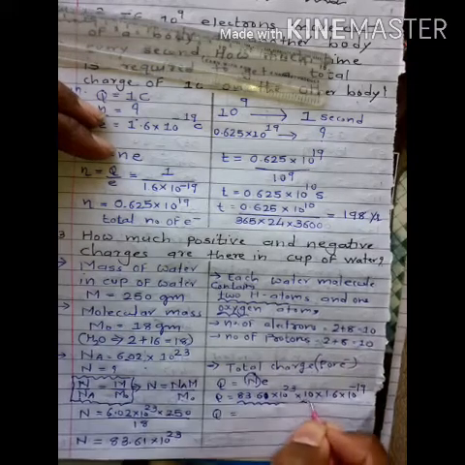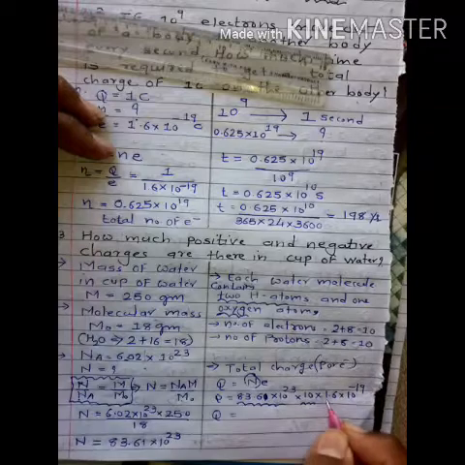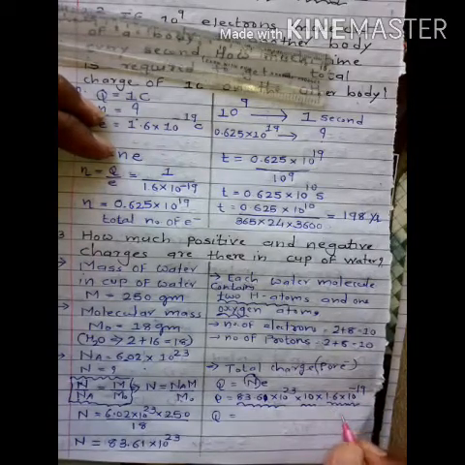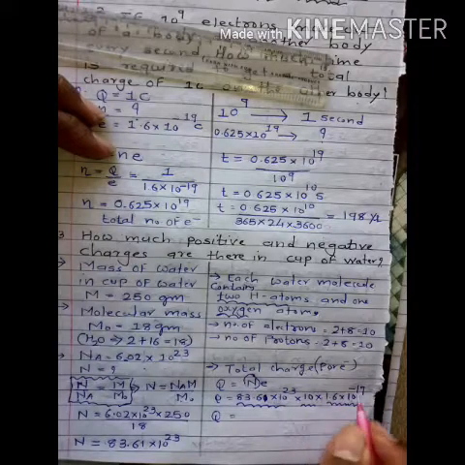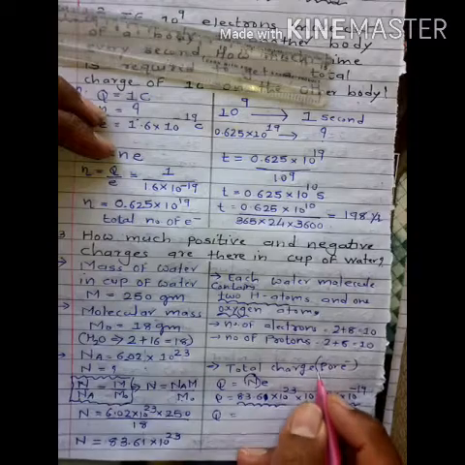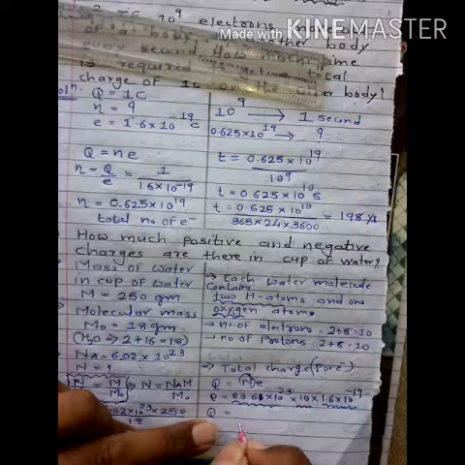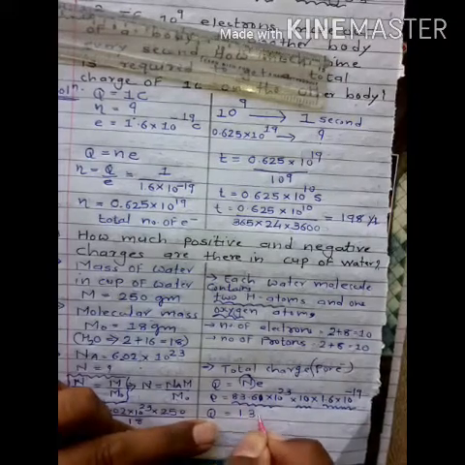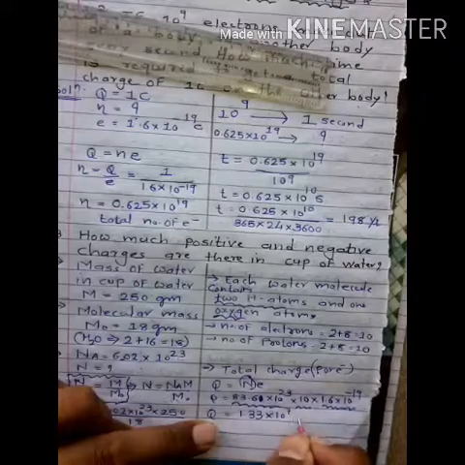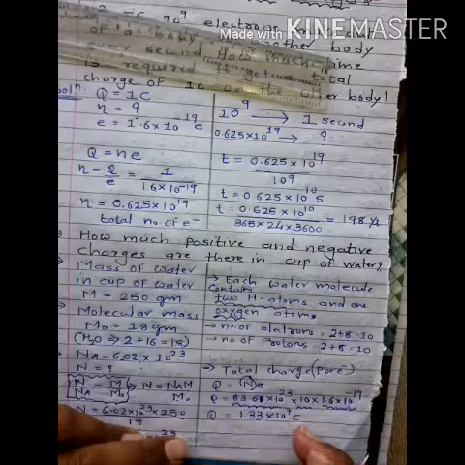So here we consider 10 into e, the charge of an electron or proton, the basic unit of charge, 1.6 into 10 raised to minus 19. So the total charge of protons or electrons, capital Q, is equal to 1.33 into 10 raised to 7 coulomb. Try to solve this and find your answer.